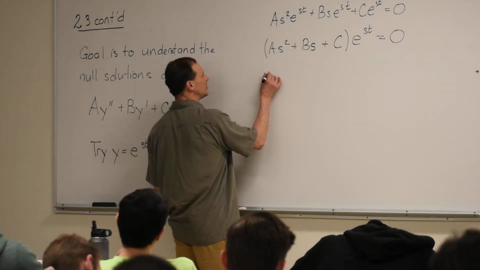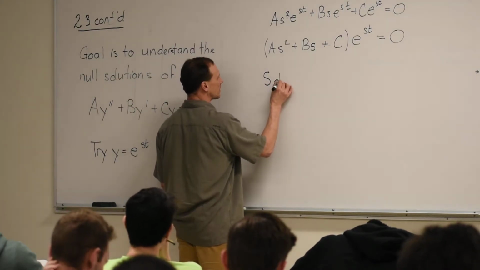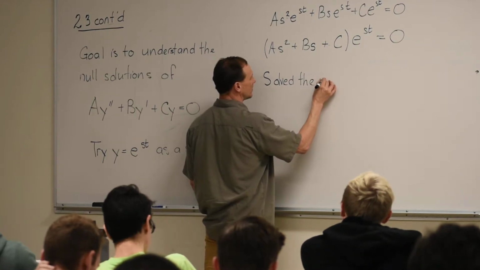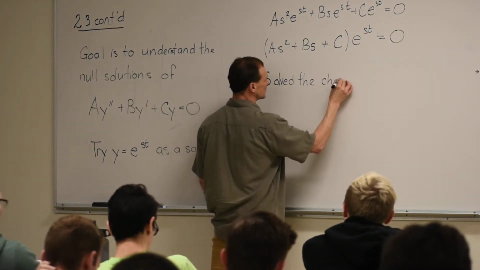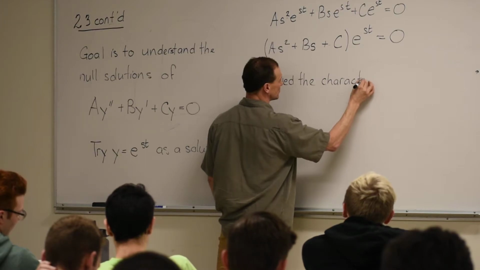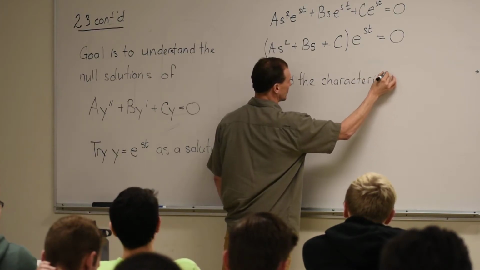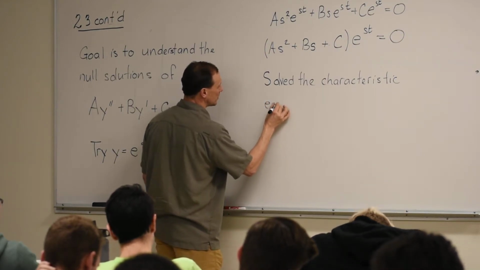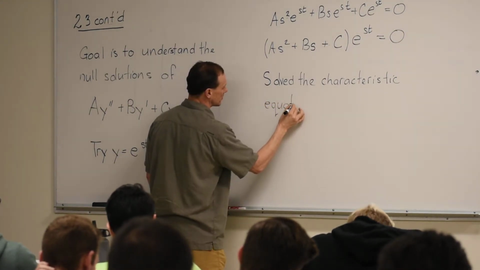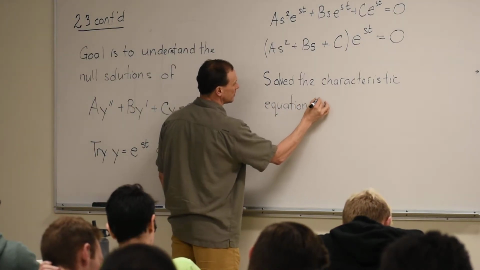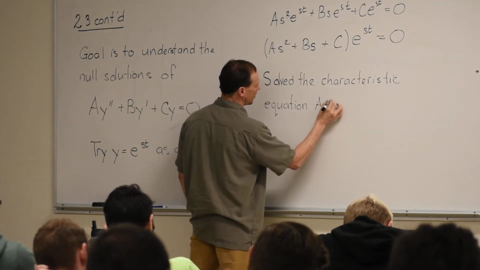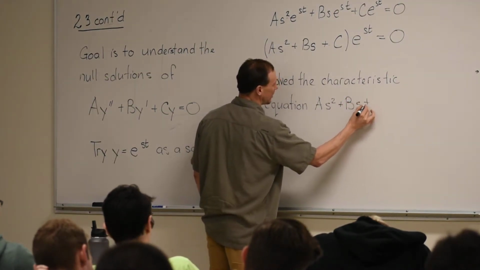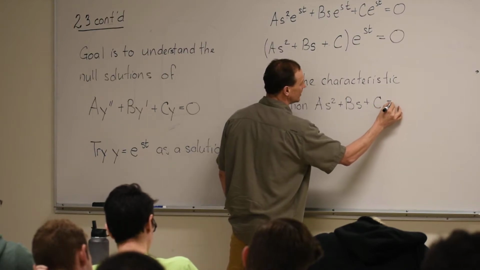And so what we did is we solved the characteristic equation a s squared plus b times s plus c equals 0.